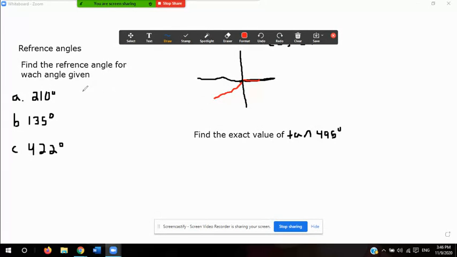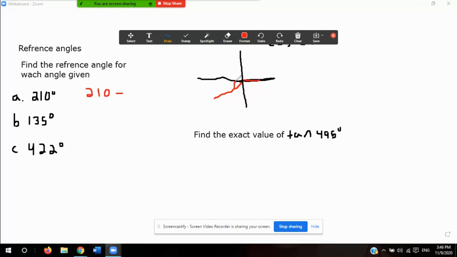So in this case, to find the reference angle, we subtract 210 minus z, where z is the angle that is closest to the terminal side.